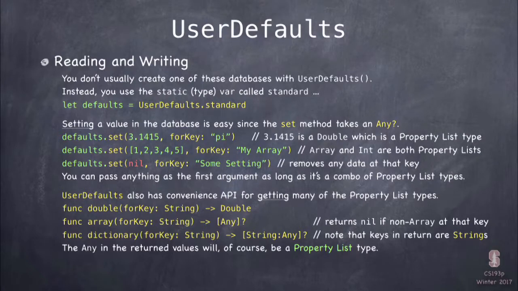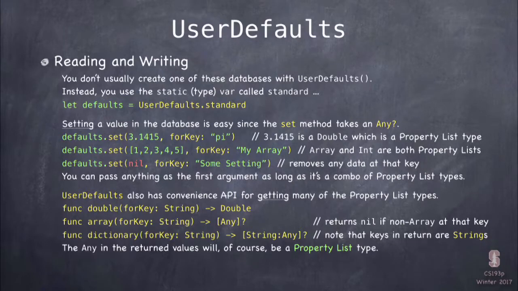But for array and dictionary, a couple interesting things to note. Obviously, the any's that are inside the array and dictionary, those will have to be property lists as well. Okay, the things that are returned to you. And also know that this convenience method dictionary, the string is always the key in the dictionary. If you had a dictionary where the keys were, say, ints, okay, I think that's a valid key, yeah, in the dictionary, yeah, it is, then you would not use this convenience method.